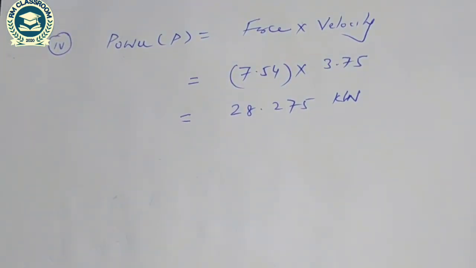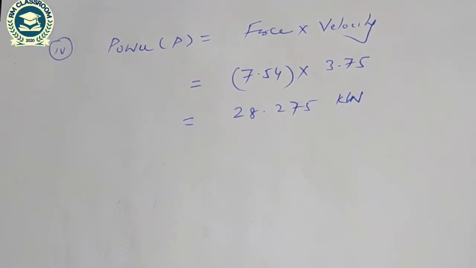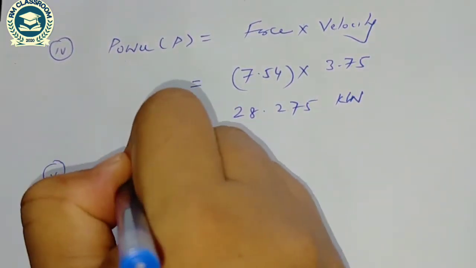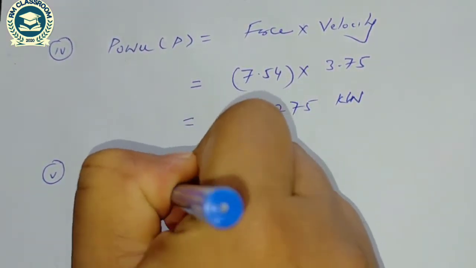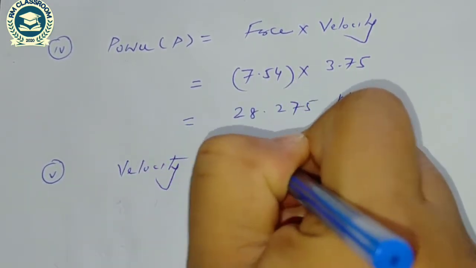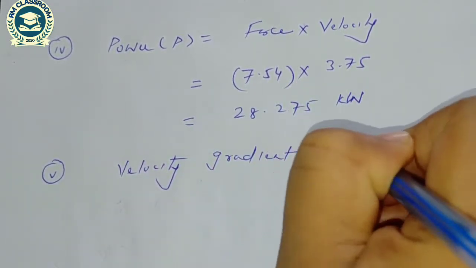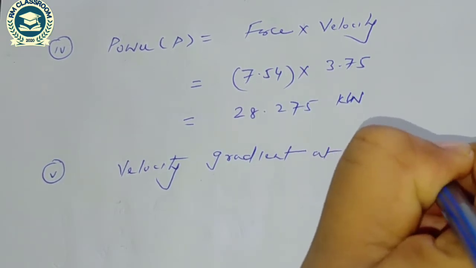In the next part we have to compute the velocity gradient at the wall.